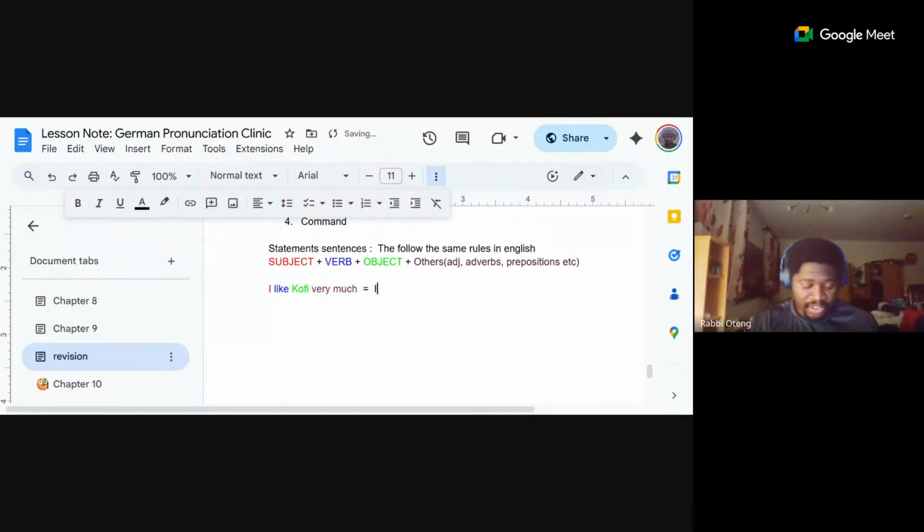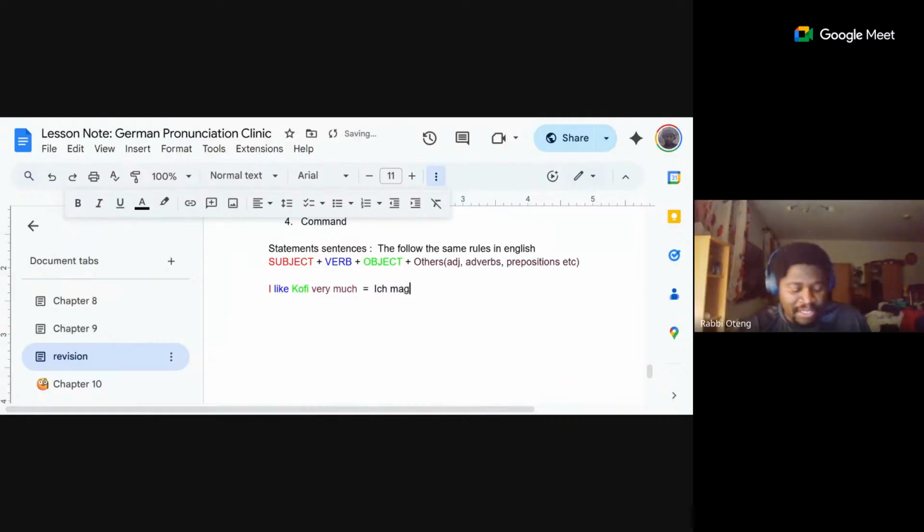In German, your subject will come first. So "I" is "ich" in German. Then the verb marked for person. We are using the verb mögen, to like, because we are talking about liking a person, not an activity.